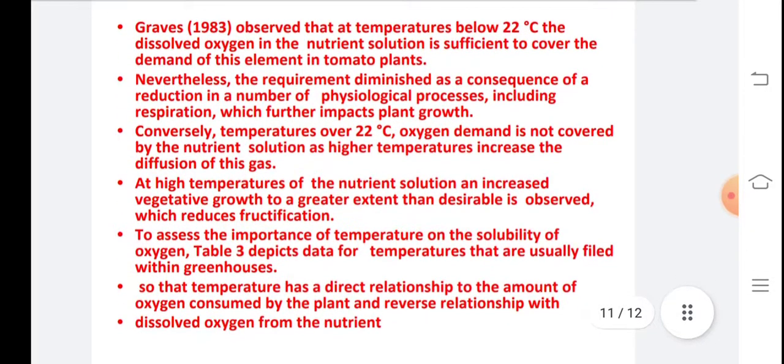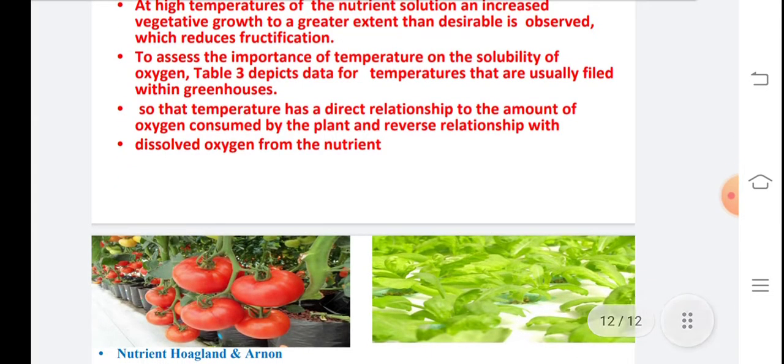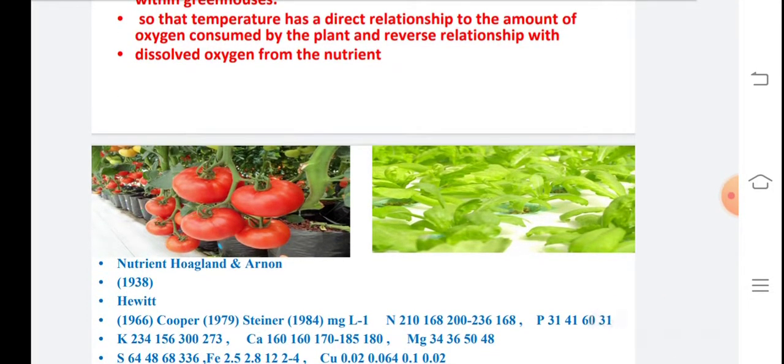Then Graves in 1983 observed that below 22 degrees temperature, the dissolved oxygen in the nutrient solution is sufficient to cover the demand of the elements in the tomato plant. Secondly, as there are certain physiological processes, at a temperature above 22 degrees Celsius, the oxygen demand is not covered by the nutrient solution. So below and above that temperature is an important part, so that the temperature has a direct relationship to the amount of oxygen consumed by the plants and a reverse relationship.